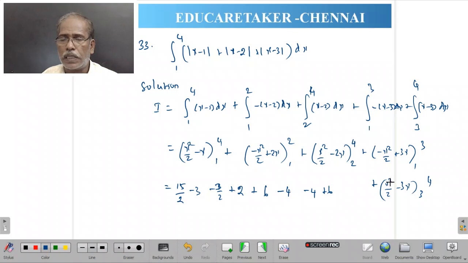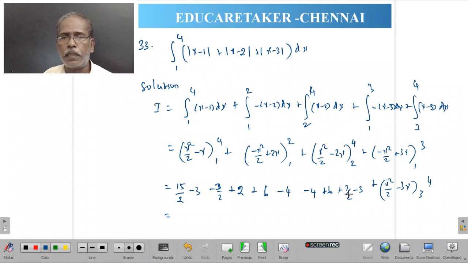Then x square means 16 minus 9 is 7, 7 by 2 plus 7 by 2, and 4 minus 3 is 1 into 3, minus 3. The last term should be minus 3.